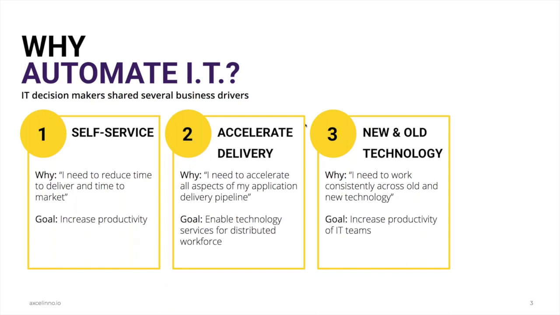Now, the next piece, somewhat with self-service, granted, but that's the user interaction, is the ability to accelerate delivery. A lot of times what we see with this is that it comes down specifically to software and applications, things like that. And they want to be able to accelerate every single aspect of a delivery pipeline. What's key with that is a couple of things. One is those teams are developers, and they're trying to move much faster.